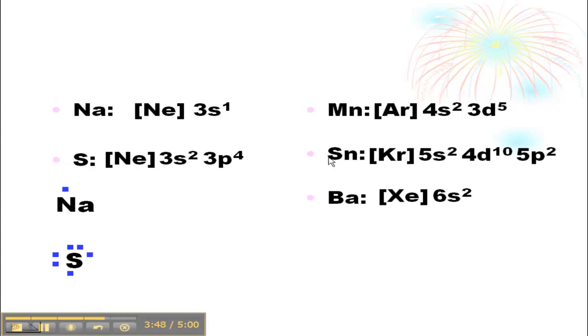For manganese, we had 2 valence electrons, so we put both of those together to represent the S. For tin, we had 4. So 1, 2 together, then 3 and 4. For barium, we had 2 valence electrons, so we put 1 and 2.